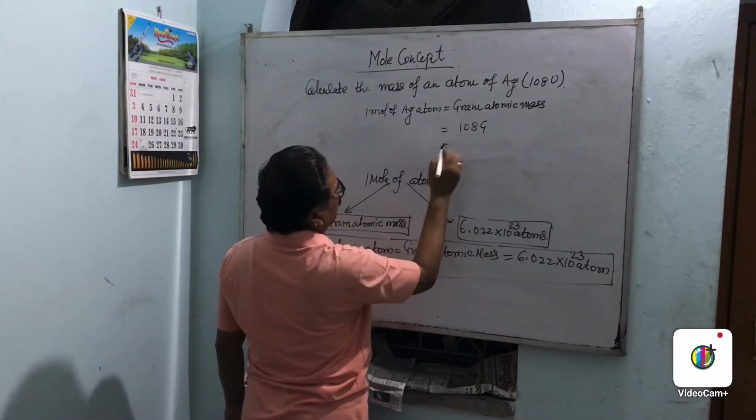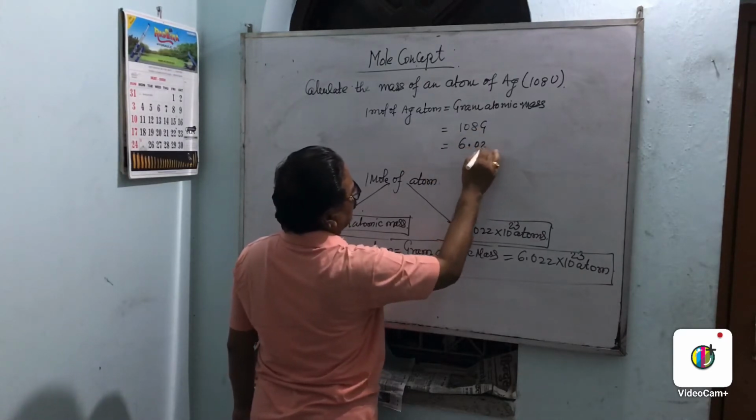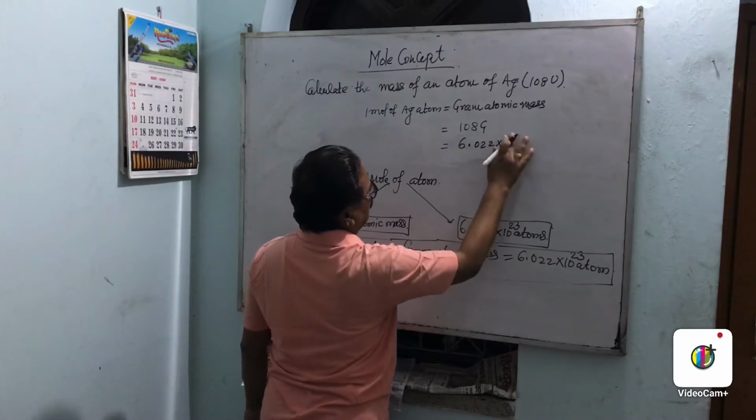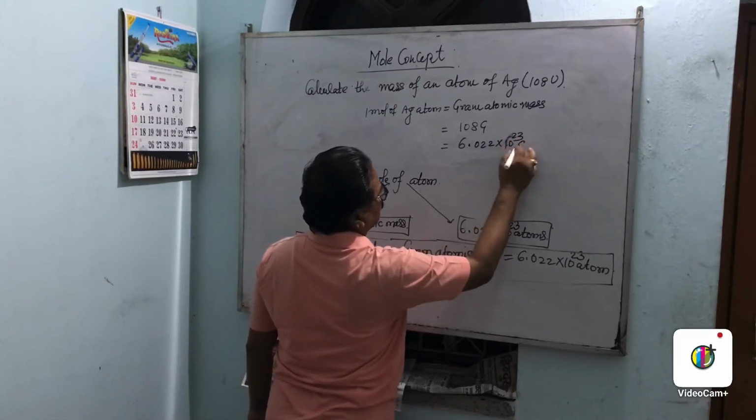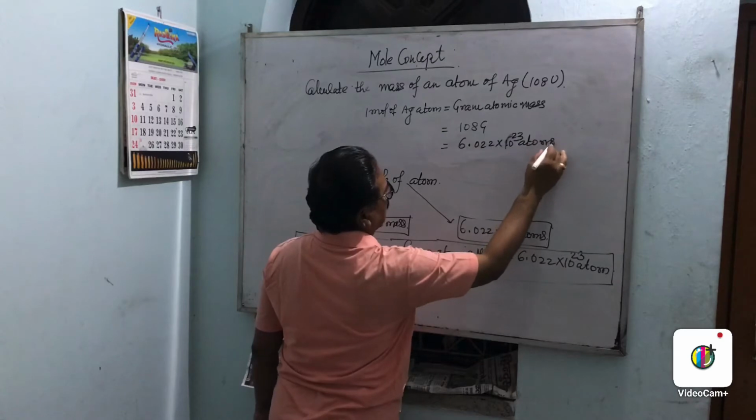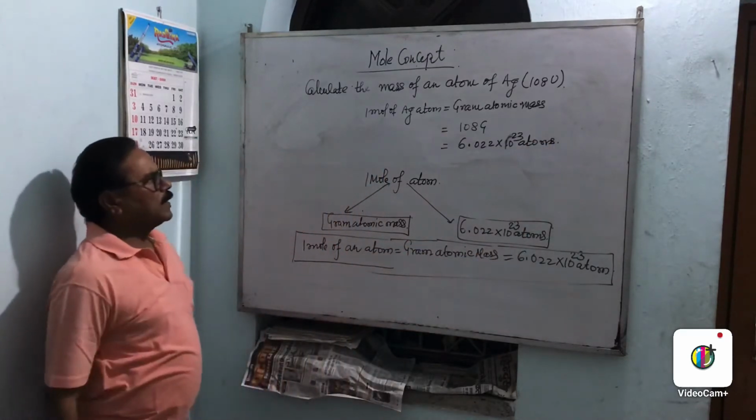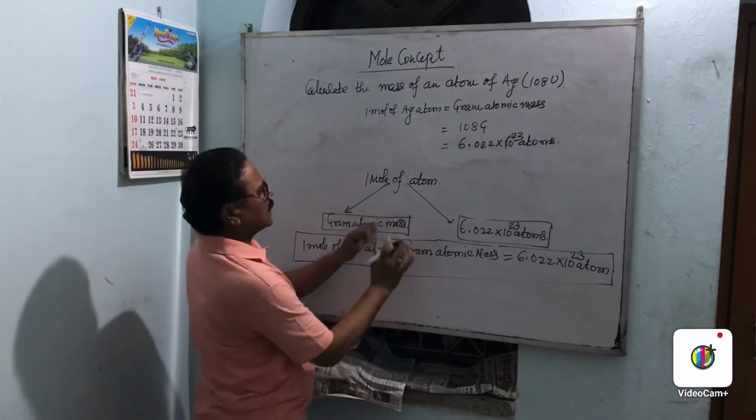Or 1 mole of atoms is equal to 6.022 into 10 to the power 23 atoms of silver. So what do we have to calculate?